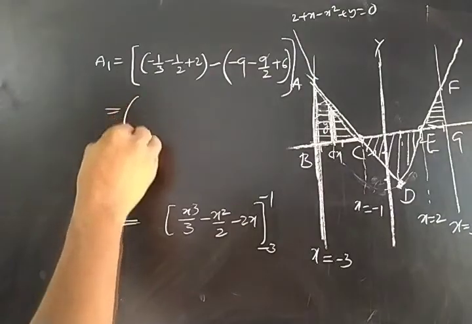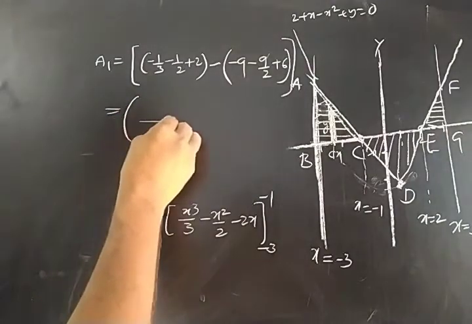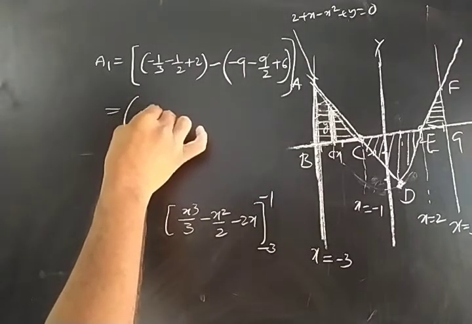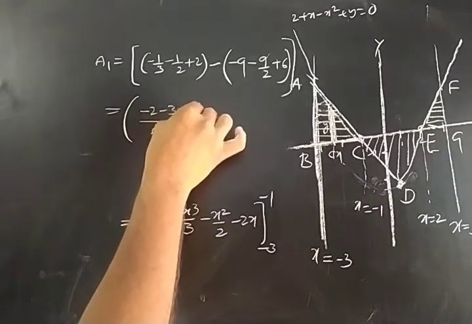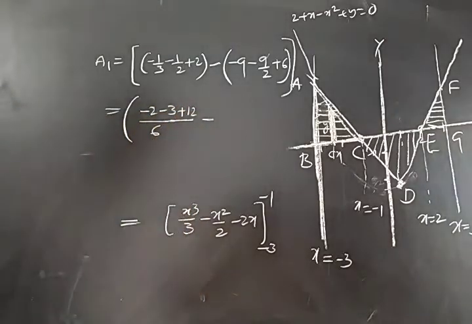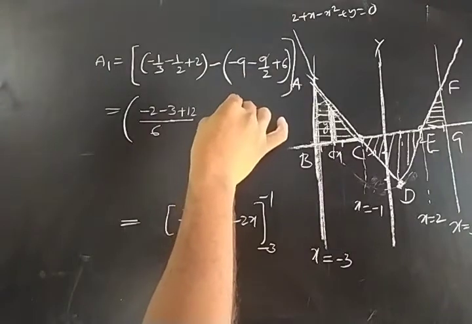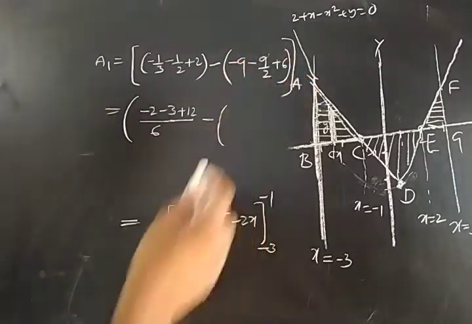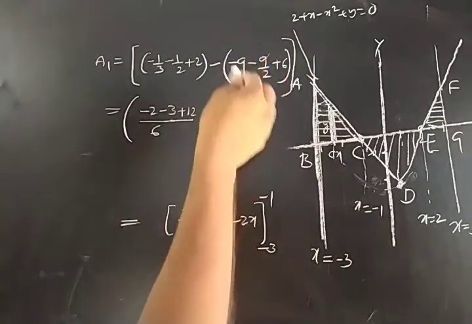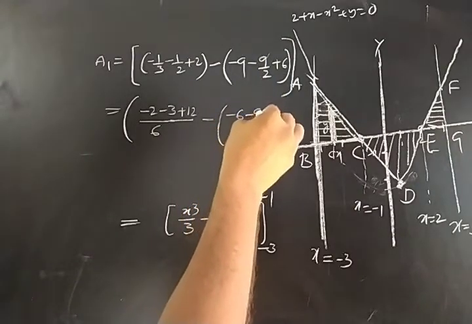Now by simplifying, what will we get? The LCM is 6: minus 2, minus 3 plus 12, minus, here minus 9 plus 6 minus 3, minus 6 minus 9 by 2.